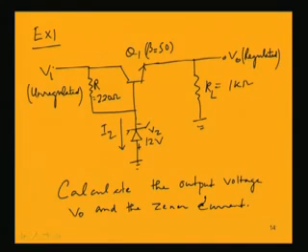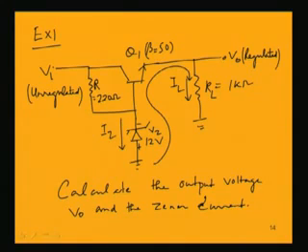You are asked to find out V0. Now V0 is the voltage across this resistance RL, which is the current IL into RL. Now we have to find out V0. How can we find out V0? V0 can be simply found out if I apply Kirchhoff's voltage law in this loop.